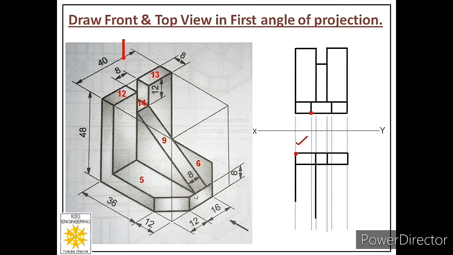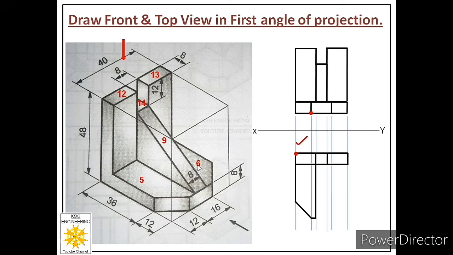Now after that we will move towards left, and we know that this distance is 4: 16 minus 8 divided by 2. So this is 4. So from this point sketch a horizontal line of 4 millimeters towards left. Now we have reached this point. Now we will connect these 2 points with a straight line. So we will get face number 5.